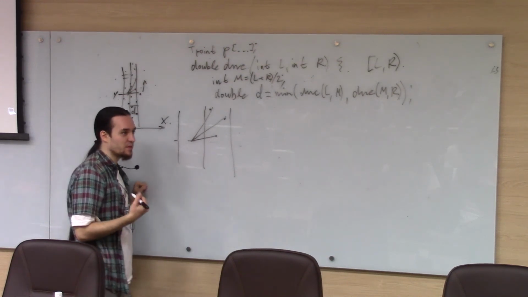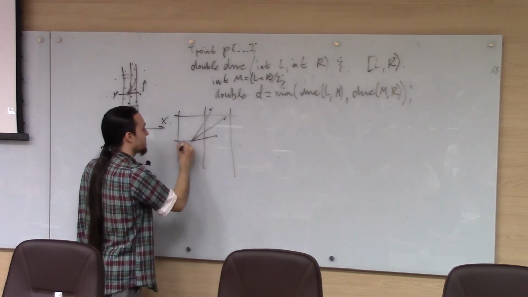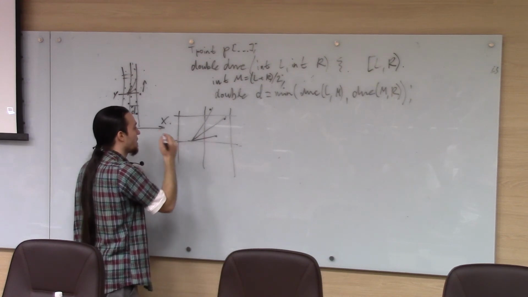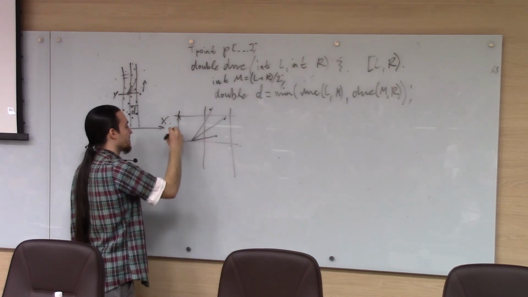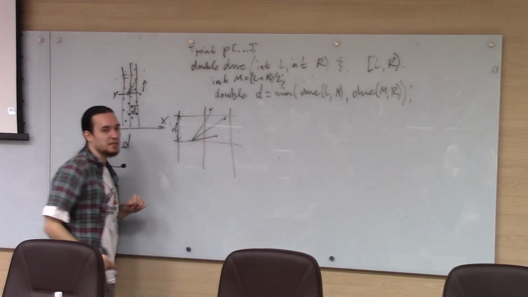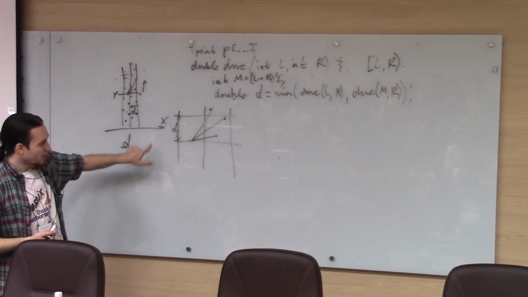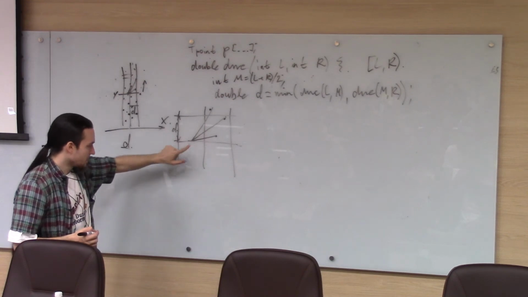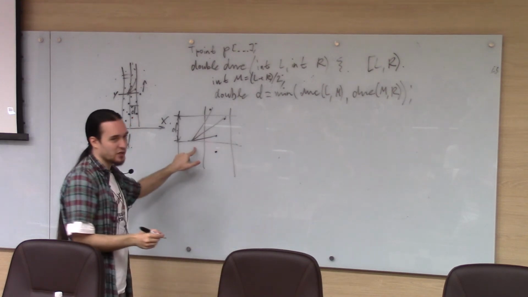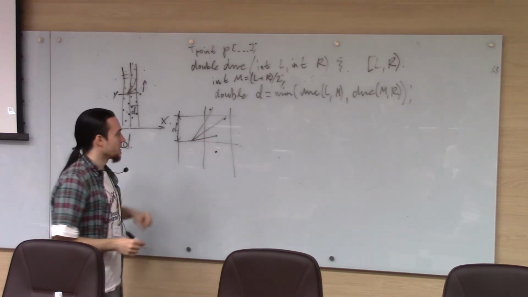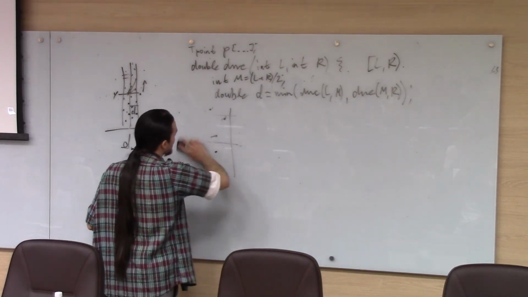The only optimization that we're going to use is that if we get too far from this point by y coordinate, so if the vertical distance becomes at least d, then obviously there is no chance of improving anymore. So we do that, and we do the same thing for all points on the right side, except that we match with the points on the left side. Okay, so let's try and write some code for that, I guess.